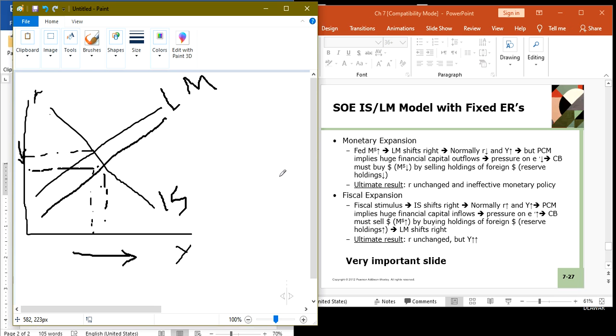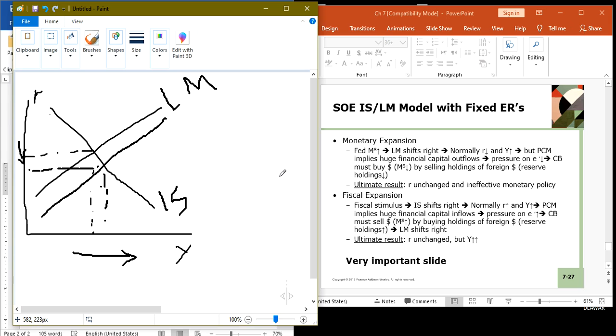Fiscal stimulus shifts IS to the right. Normally the exchange rate will increase, the interest rate will increase and even income will increase.